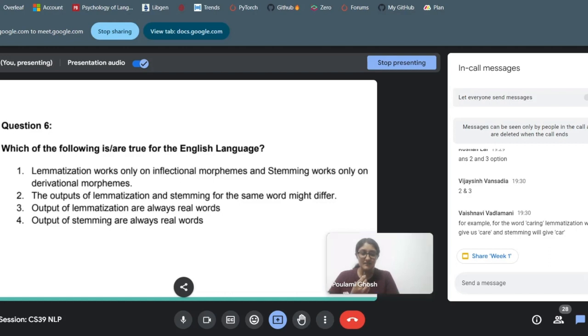If happily is the word, then the last Y part will be removed. Removed as a result of lemmatization or stemming? Which one? In lemmatization. Okay, and in stemming it will return the word happy. Okay.